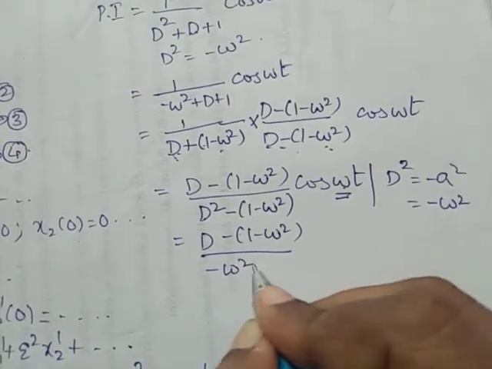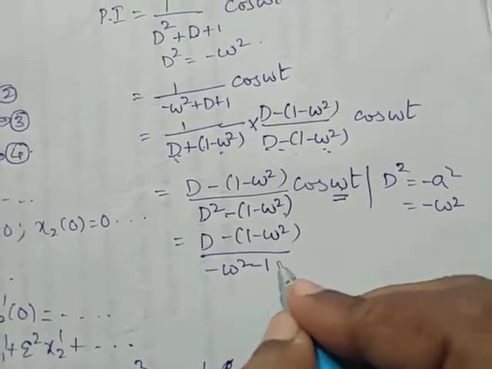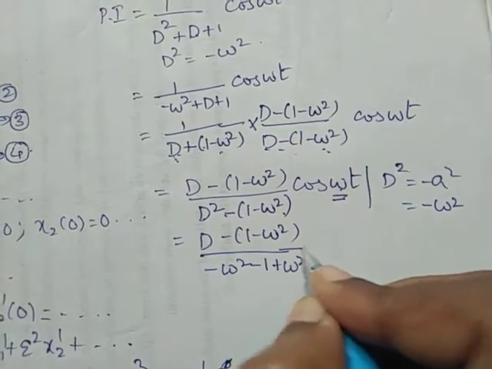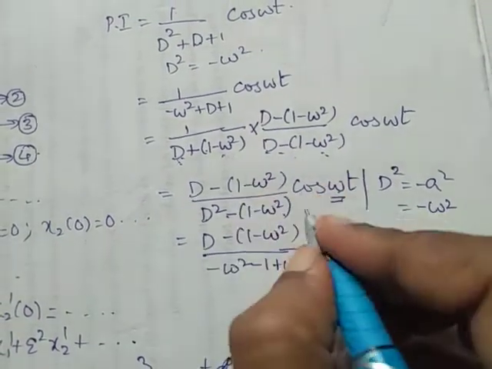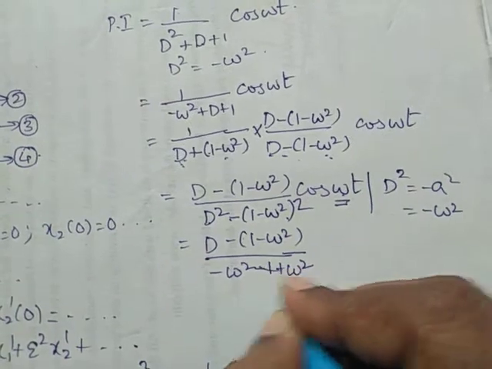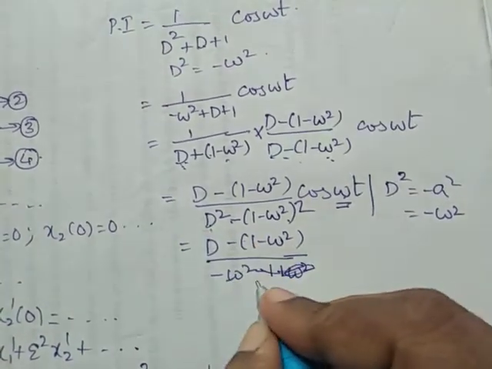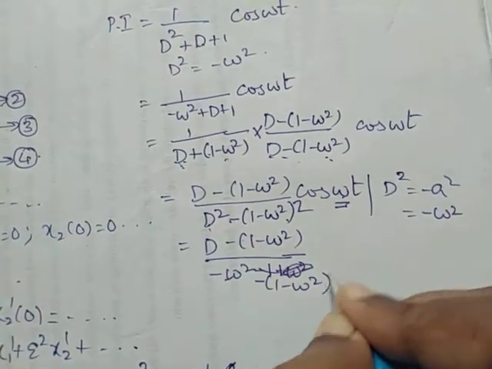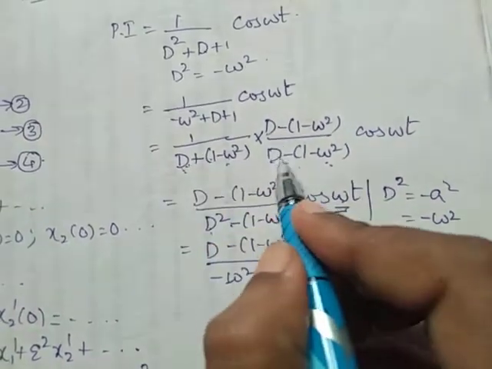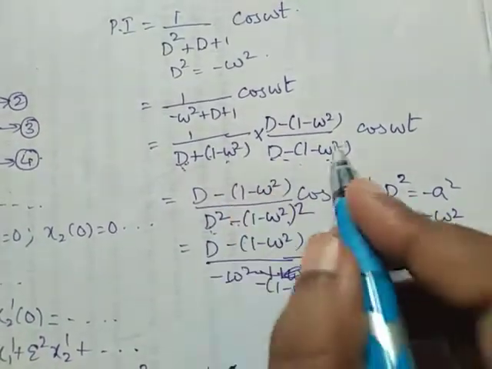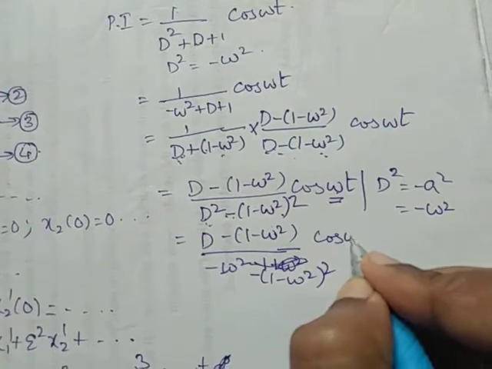So we will have minus omega square minus (1 minus omega square) whole square, since (a plus b)(a minus b) is a square minus b square, and cos omega t.